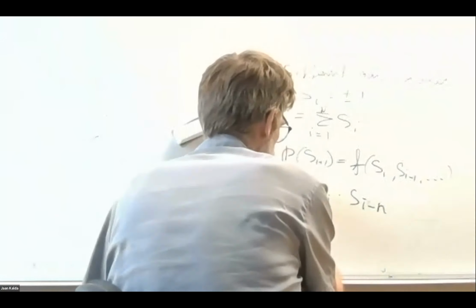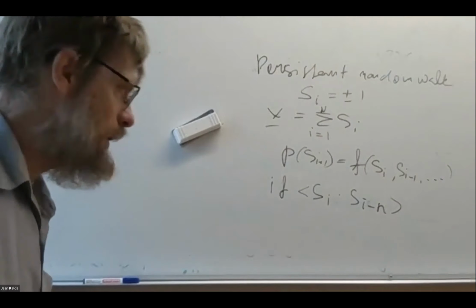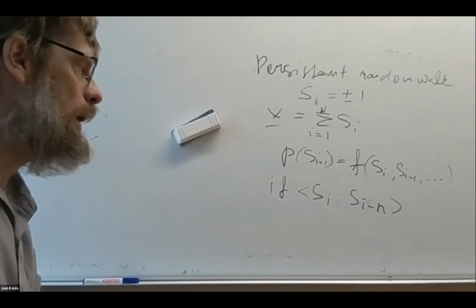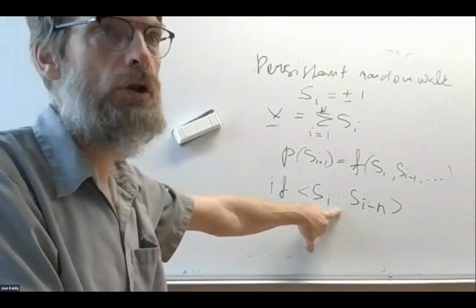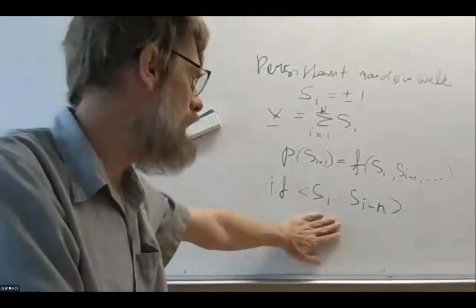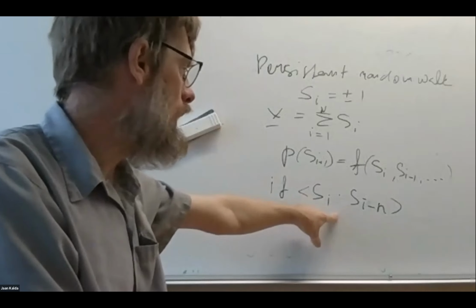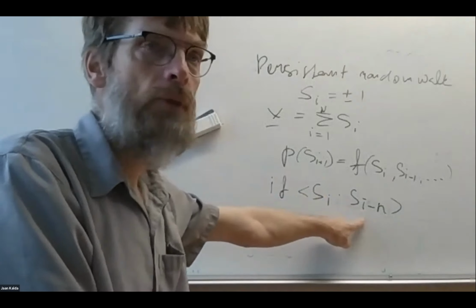This is not exactly a correlation function, I have not normalized it; we know that for a correlation function we need to normalize, but yes, just the autocorrelation function, S_i times S_{i-n}.